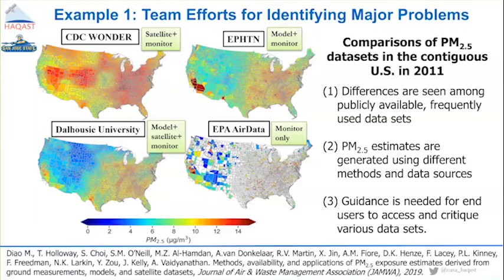Not only do we need to provide easy to download datasets, but also instructions on how to interpret the data differences and how to find the best data for a certain goal, such as different regions, or if you're looking at annual mean or daily average. Those are things we learned in the team effort.